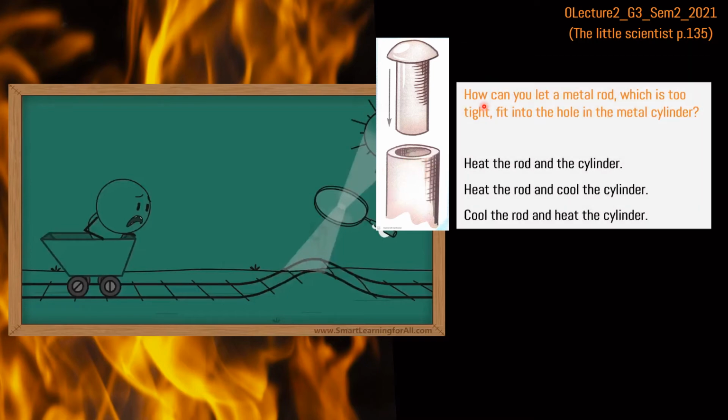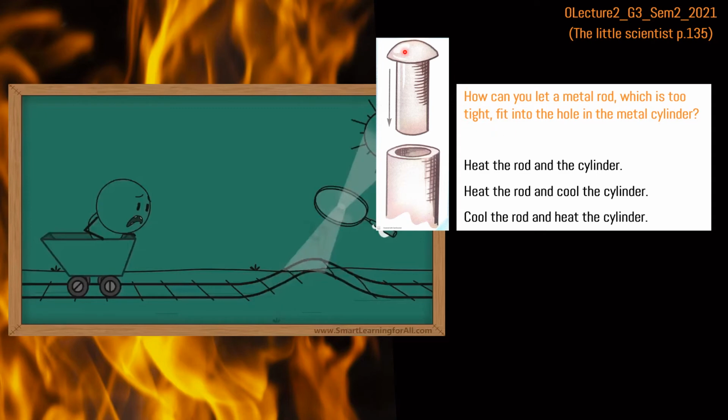What can we do to let the metal rod go inside the cylinder? Should we heat the rod and the cylinder together so they will both expand? This will expand and this will expand. Should we heat the rod and cool the cylinder so this one will go bigger and this one will go smaller? Or we should cool this one and heat the cylinder?